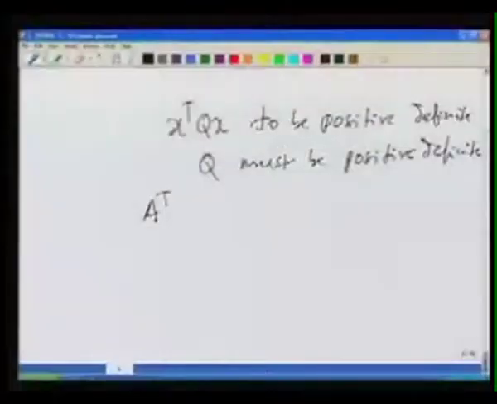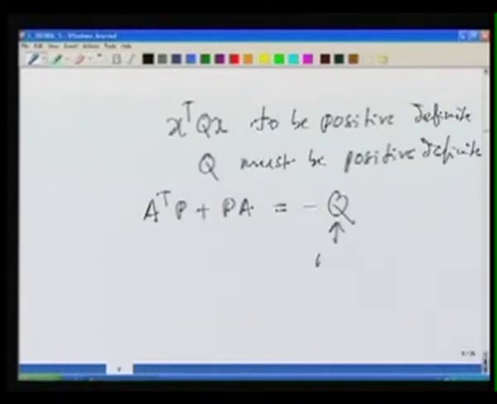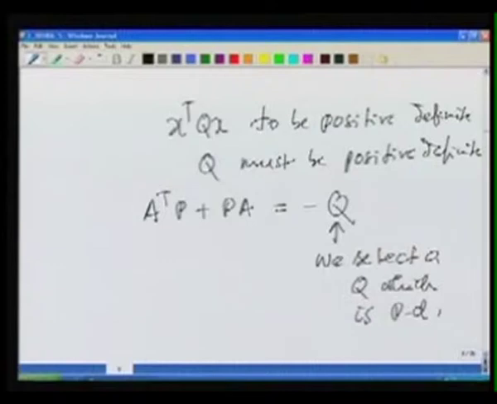If that is the case, then the system is stable. So, we go by circularity. A transpose P plus P A is minus Q. We select a Q which is positive definite, then A is given to us.